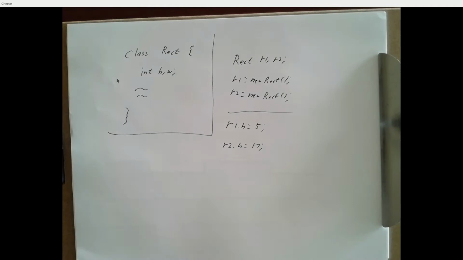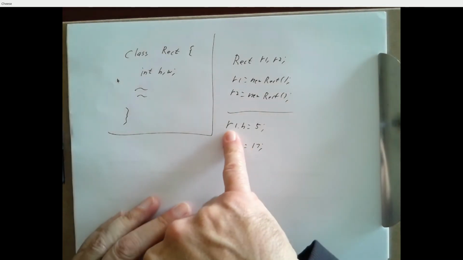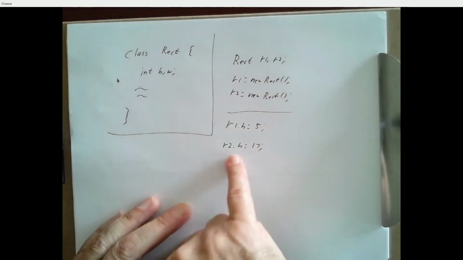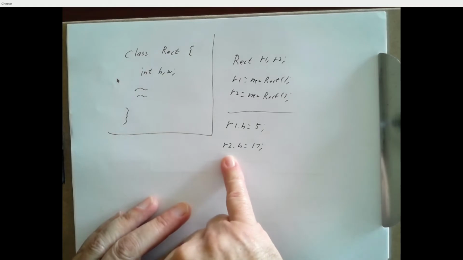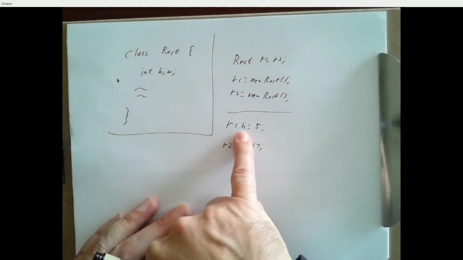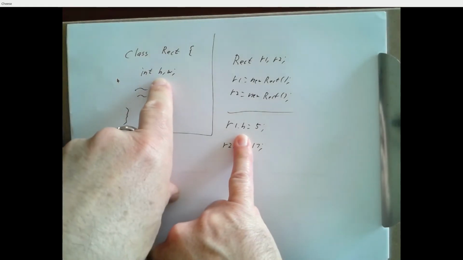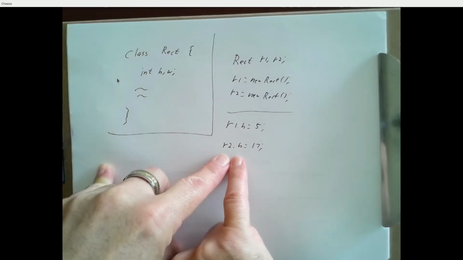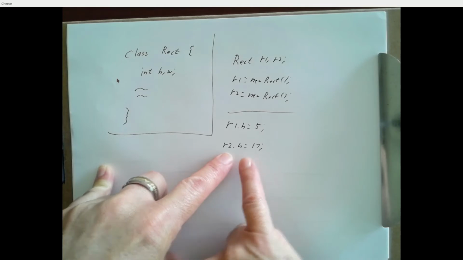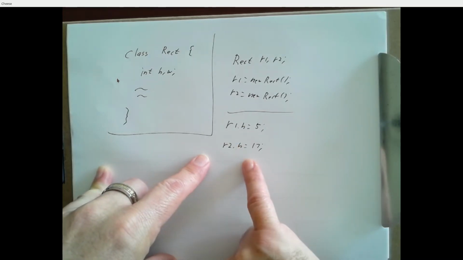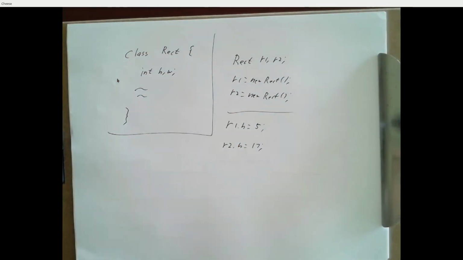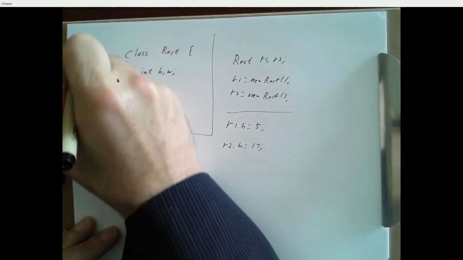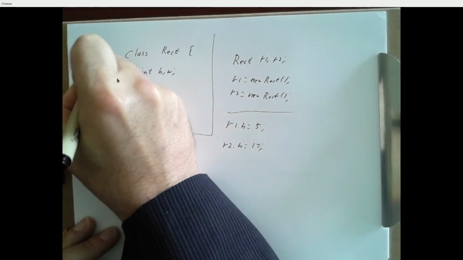And this is an instance of a rectangle, R1. This is a different instance of a rectangle, R2. R1 has its own copy of this variable h, which we've set equal to 5. R2 has its own copy of h, which we set equal to 17. These are different variables. So these are what we can actually call instance variables.